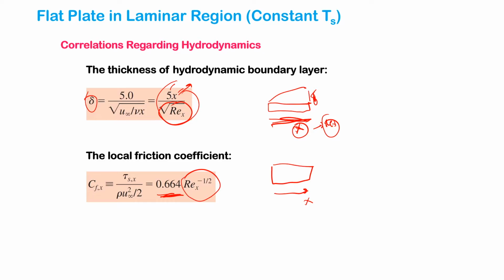These are important because there are some equations for estimating convective heat transfer coefficients in terms of these variables. In chapter 6 we learned about Colburn correlations, and in that case the local friction coefficient allowed us to calculate the convective heat transfer coefficient.